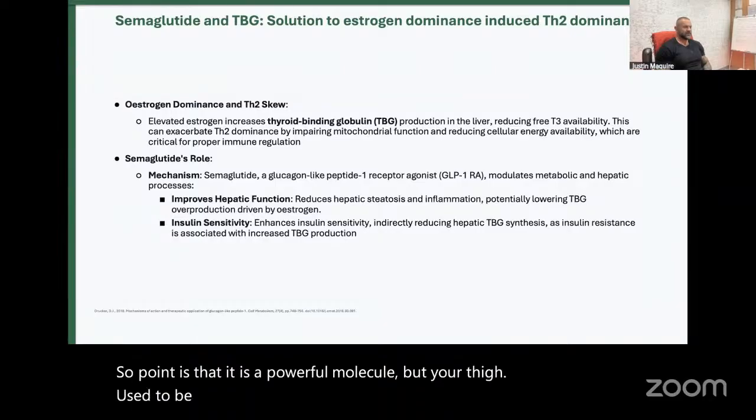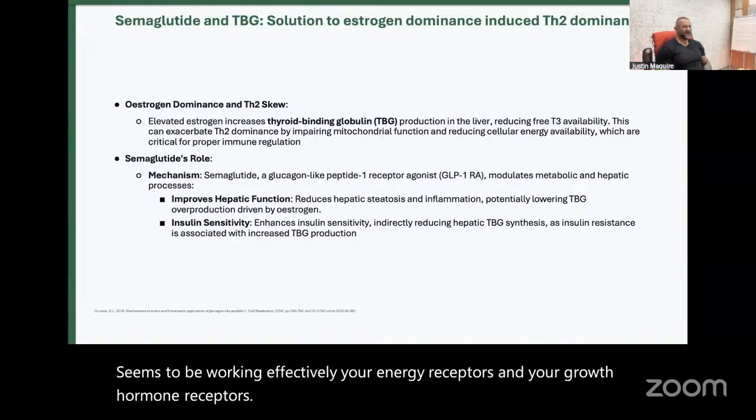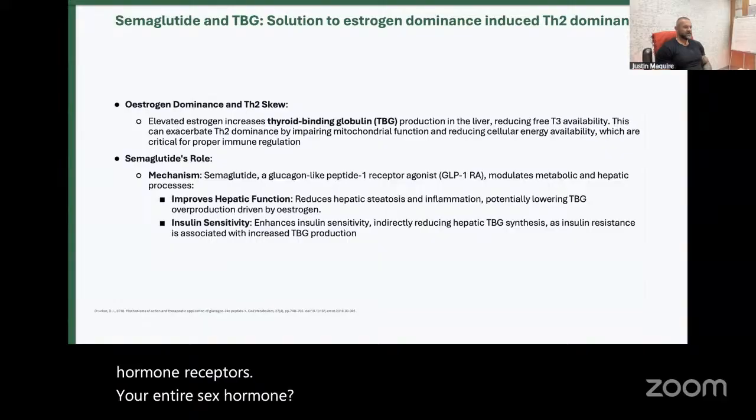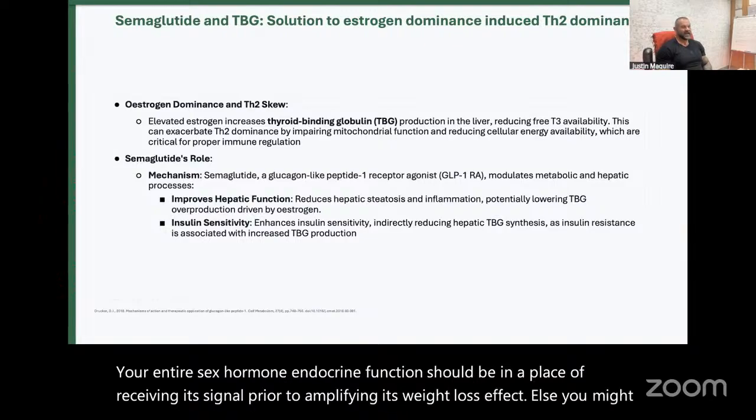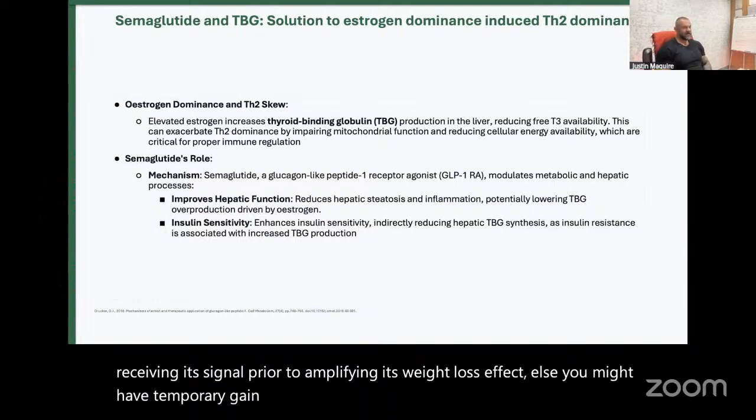Your androgen receptors and your growth hormone receptors, and your entire sex hormone endocrine function should be in a place of receiving its signal prior to amplifying its weight loss effect. Else, you might have temporary gain for long-term pain that can come about by way of worsened bone mineral density and other variables.